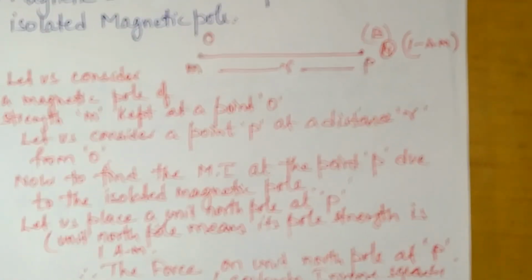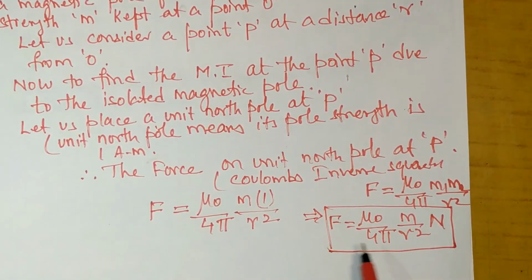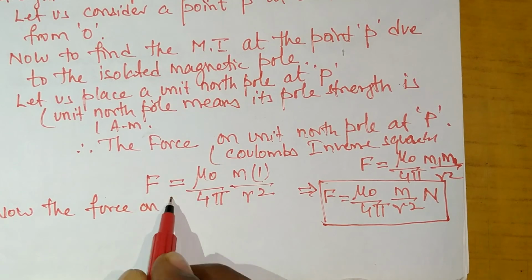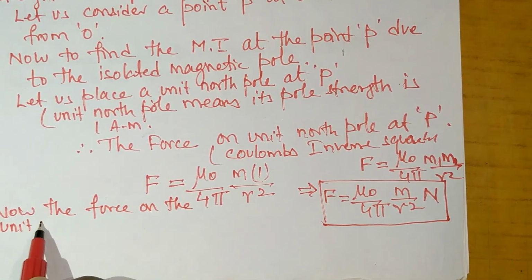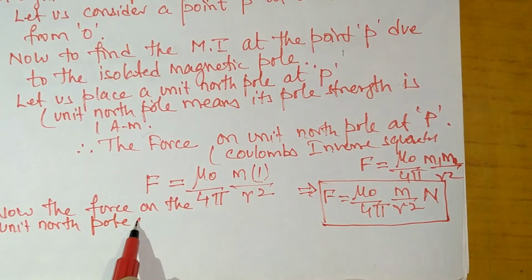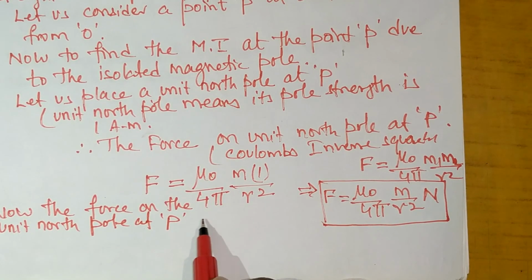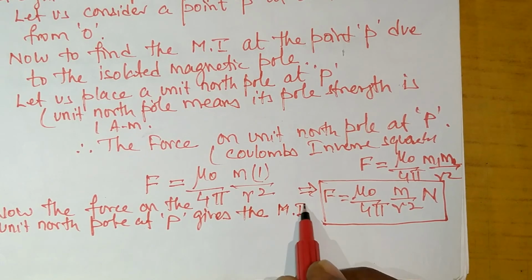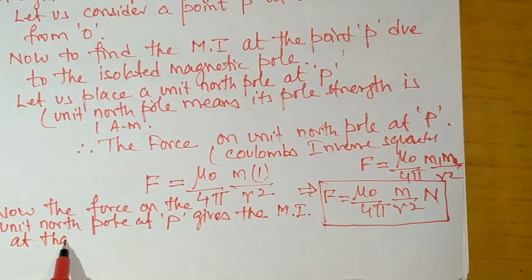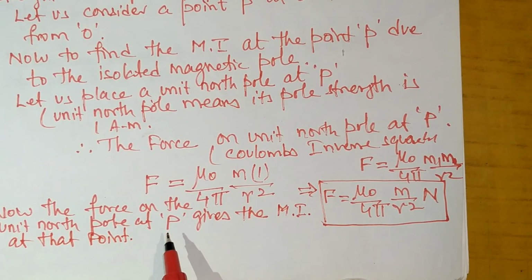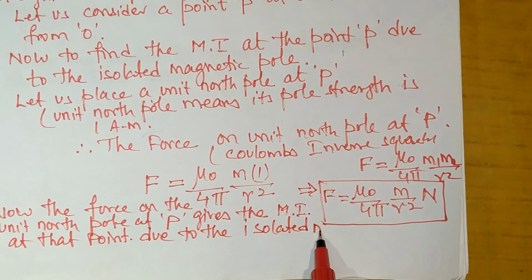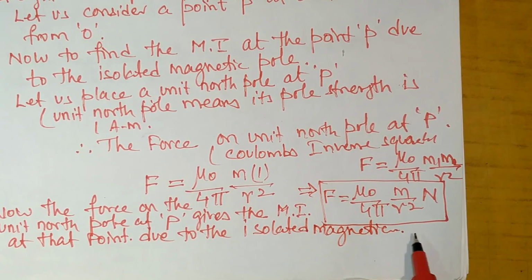Now, the force on the unit north pole at P gives the magnetic induction at that point due to the isolated magnetic pole.